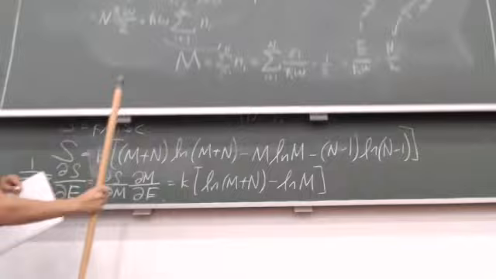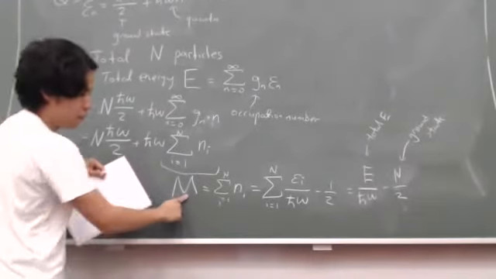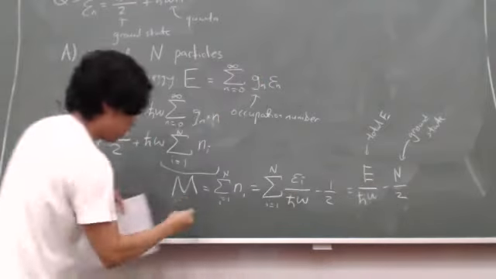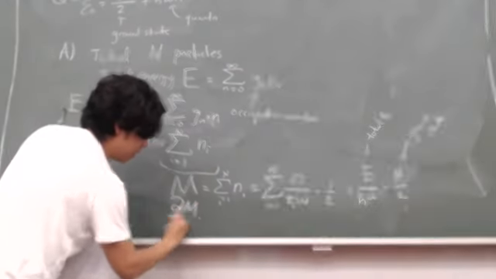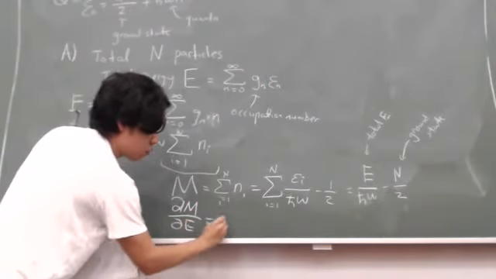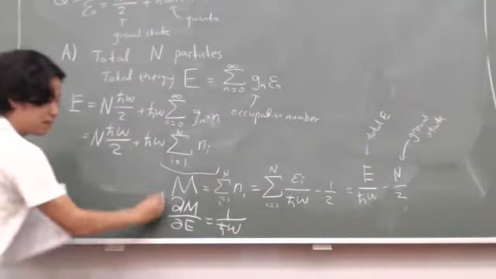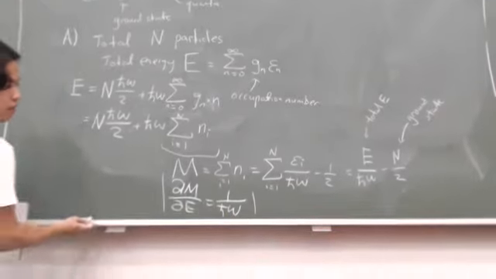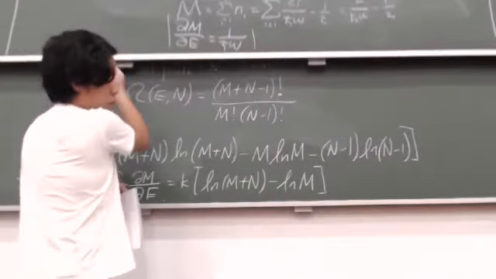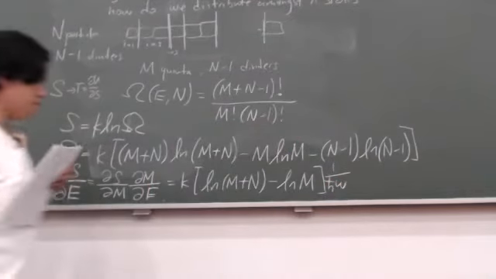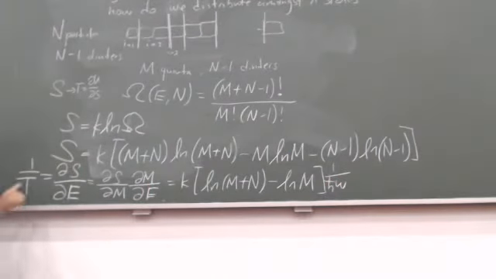So I defined previously that capital M is equal to E on h bar omega minus n on 2. So then dM/dE is equal to 1 over h bar omega. So I take this in here, multiplying at the end by 1 over h bar omega. So that's my 1 over temperature equal to this thing.